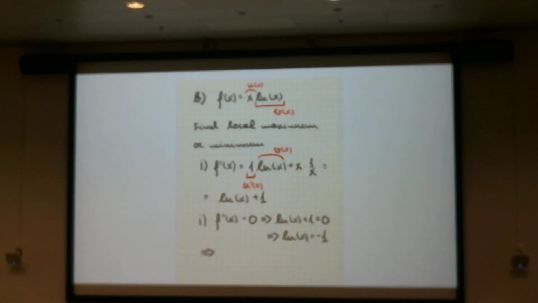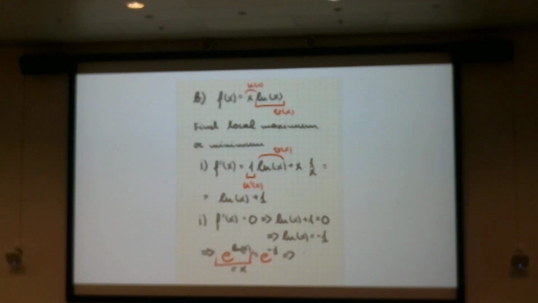Yes, so the way we do it, if this is equal to minus 1, if left-hand side is equal to right-hand side, then it must be that e raised to logarithm of x is equal to e raised to minus 1. But we know that e raised to logarithm of x is just x.